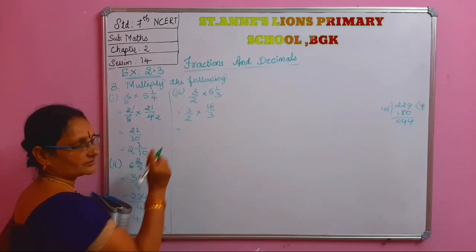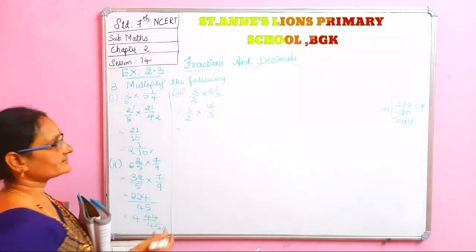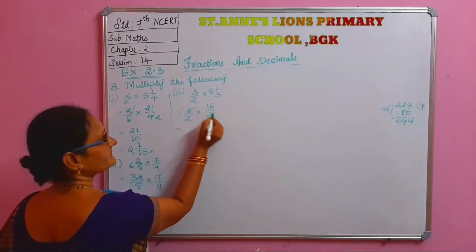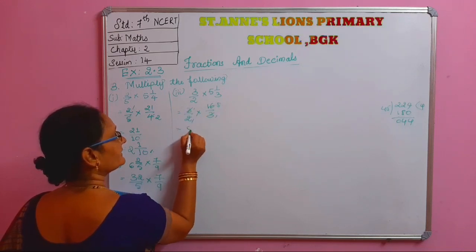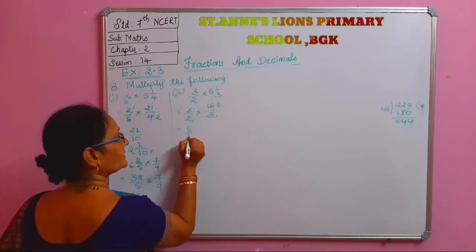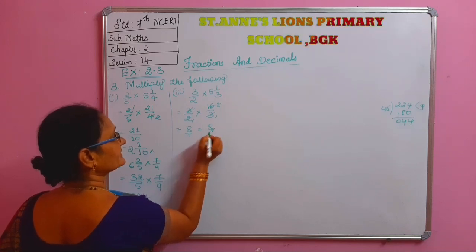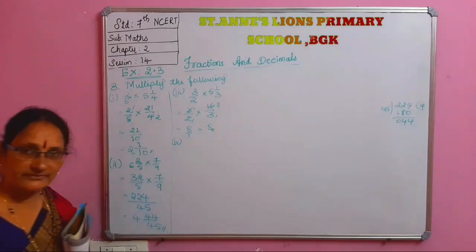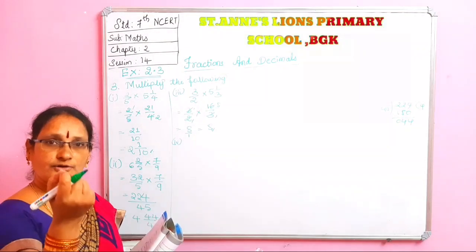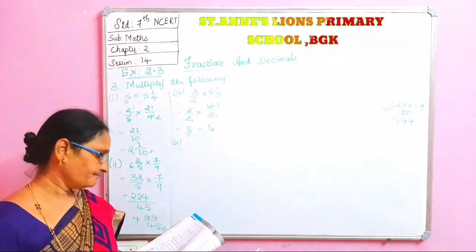I told you to observe. So yes, here 3 threes got cancelled. 2 ones are 2, 8 ones are 8. 8 by 1 is nothing but 8 is the answer. See, some problems will be very easy. Just in 1 or 2 steps you can complete it.